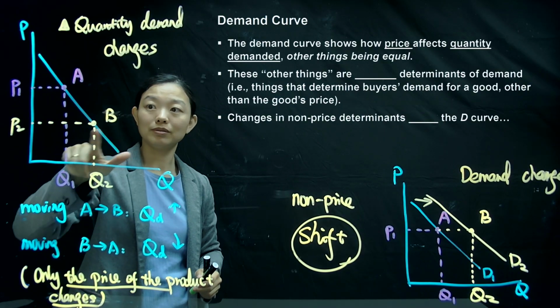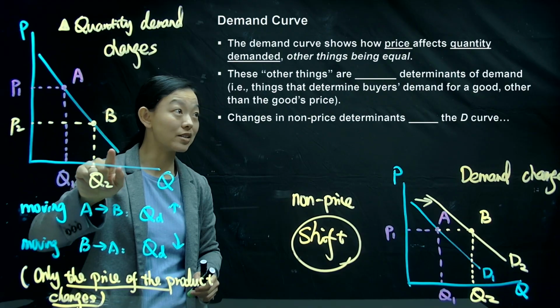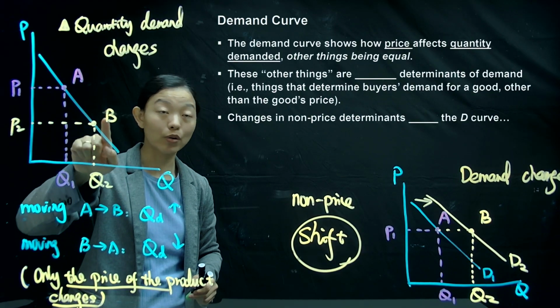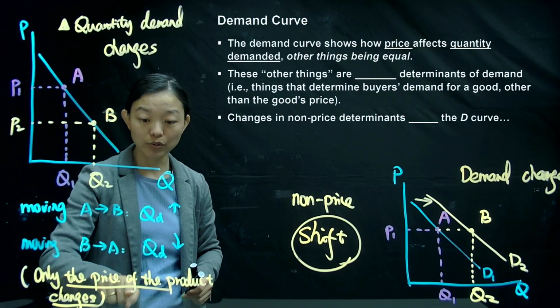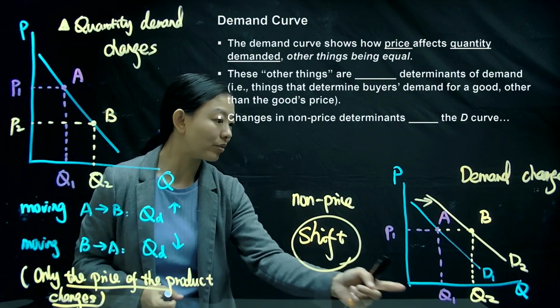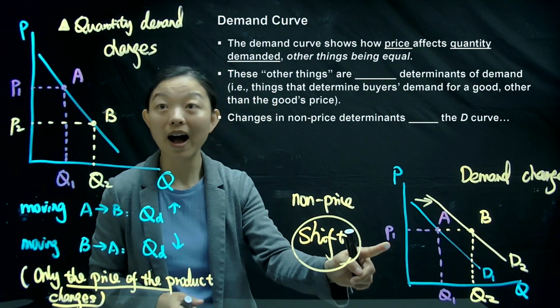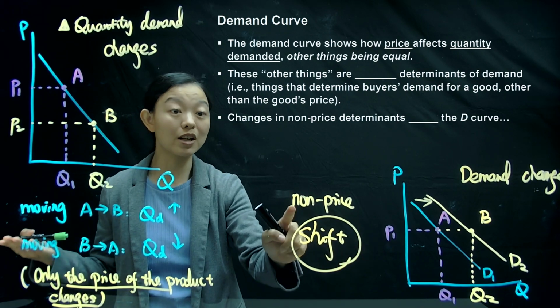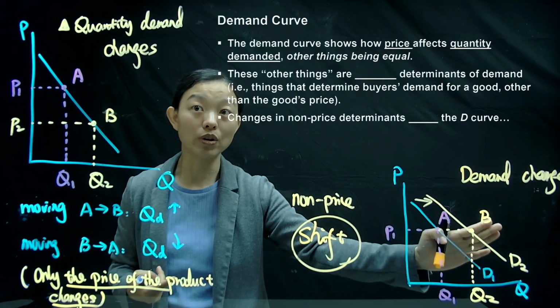For this graph, we only have one demand curve, right? And then it has a movement along A or B. This is the quantity demand changing, and it is only related to the price of this product. From this graph, nothing changes in price, but other non-price determinants change. It will shift the demand curve either outwards or inwards.